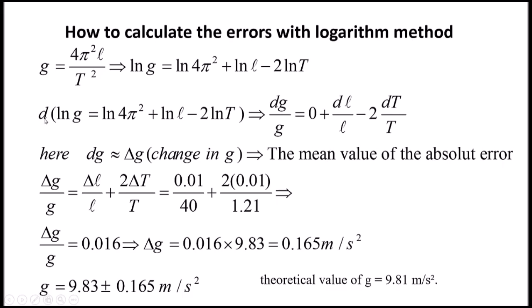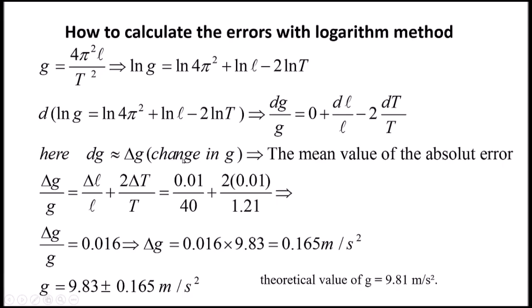Take the differential of two sides of this logarithm relation. We will get dg over g equal 0 plus dL divided by L minus 2 dt divided by t.